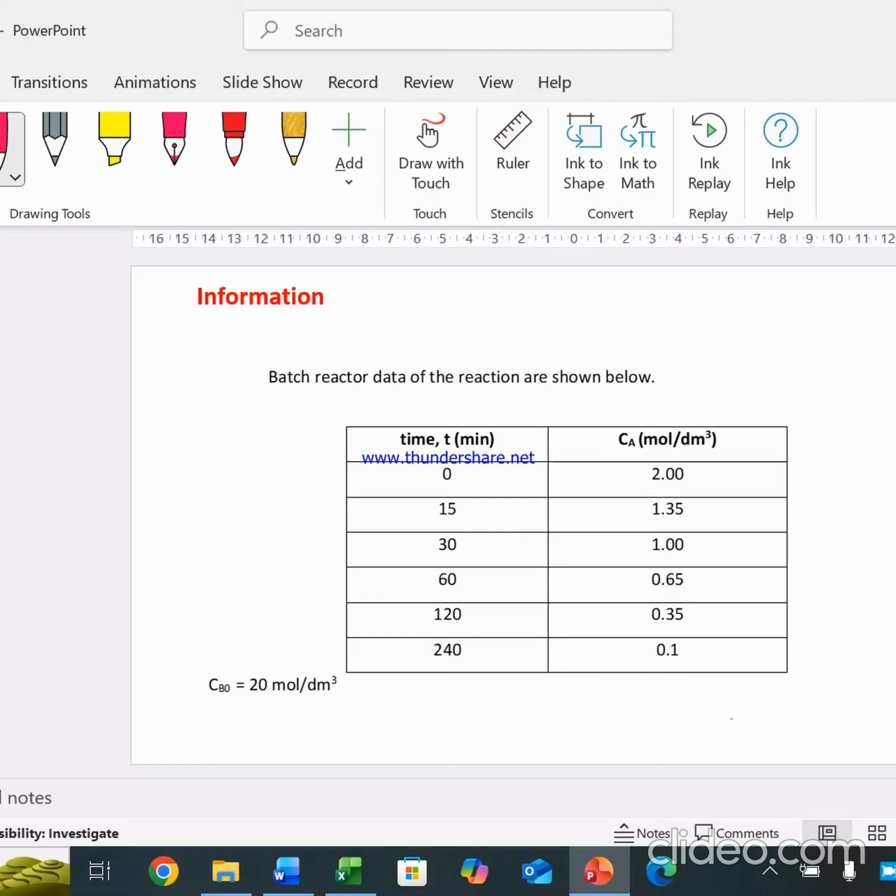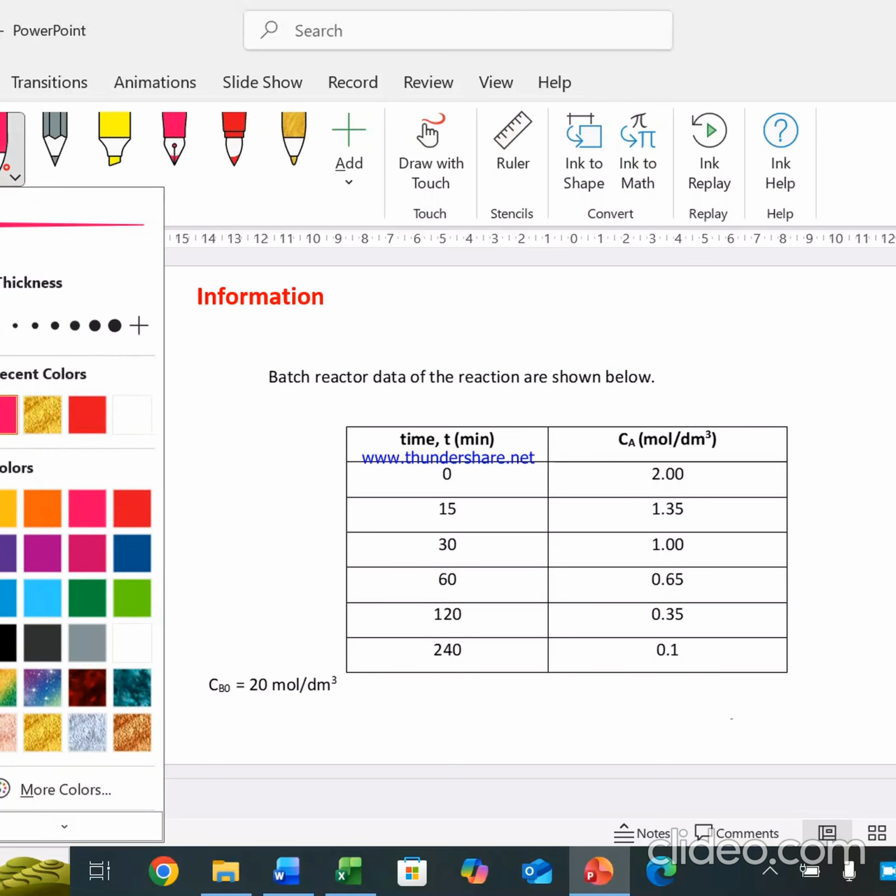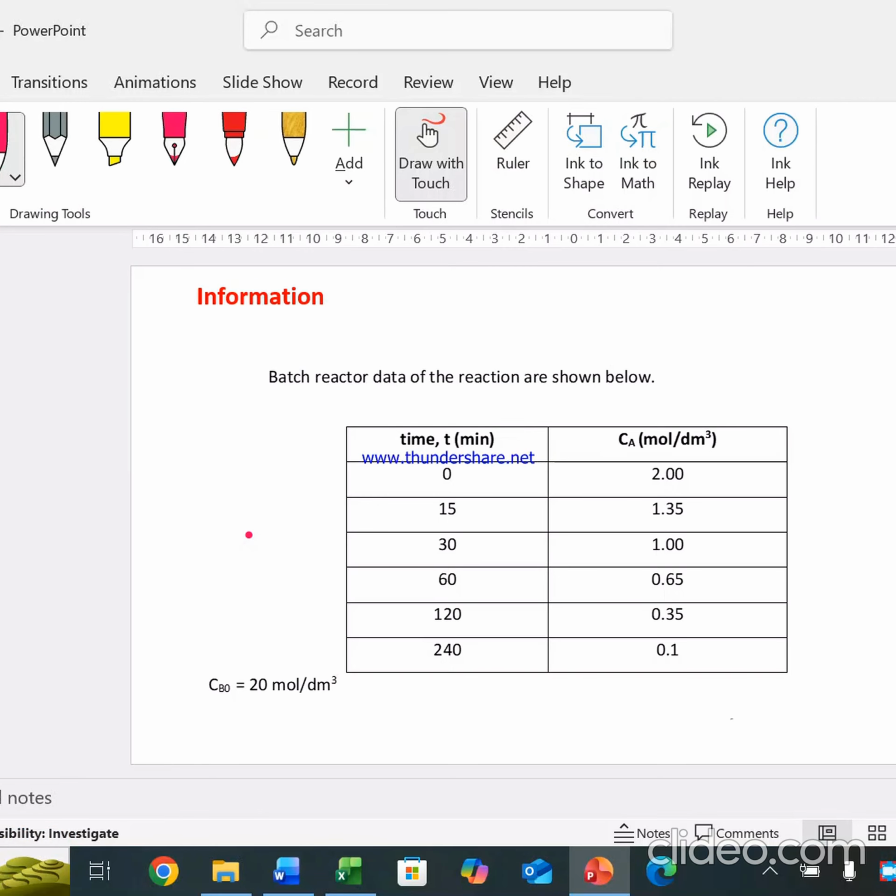So we are given the initial concentration of the acetic anhydride as well. So we can see that it is very large. 20 mole per dm³ compared to the initial concentration of the p-aminophenol, which is 2.